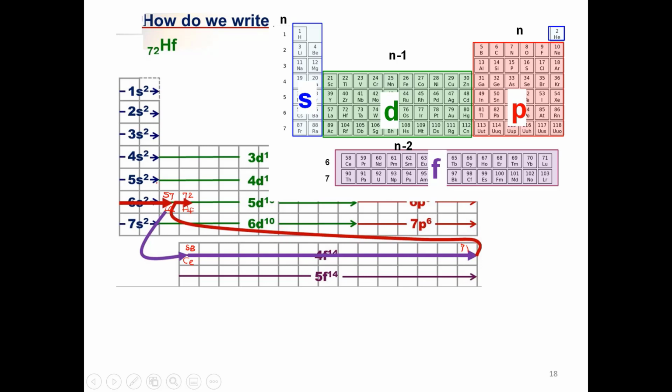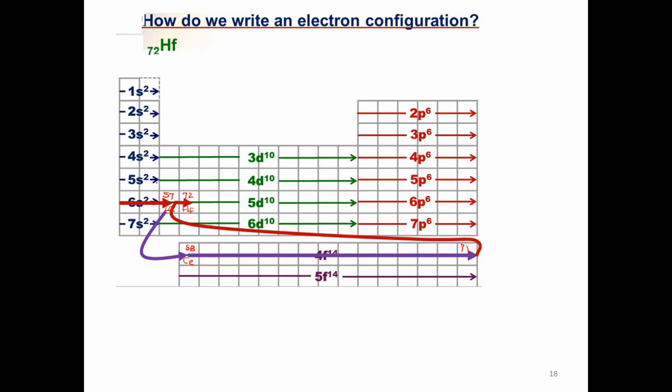Let's write the first part of the electronic configuration for hafnium, and then we will take care of the last part. Then for hafnium, we had 72 electrons.